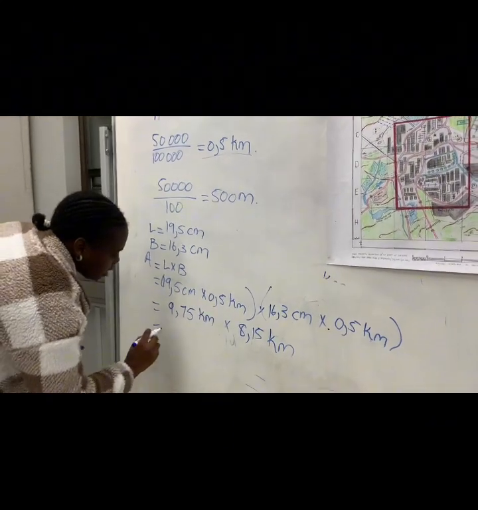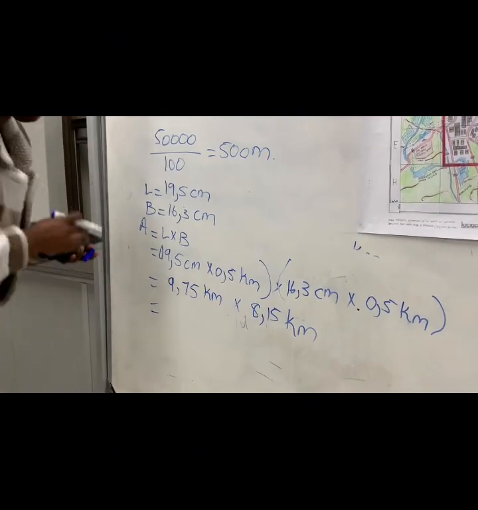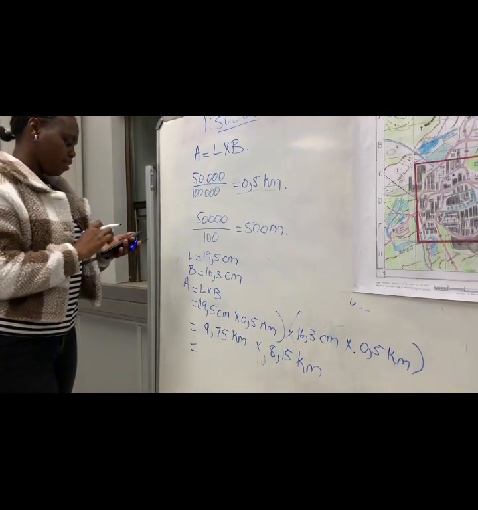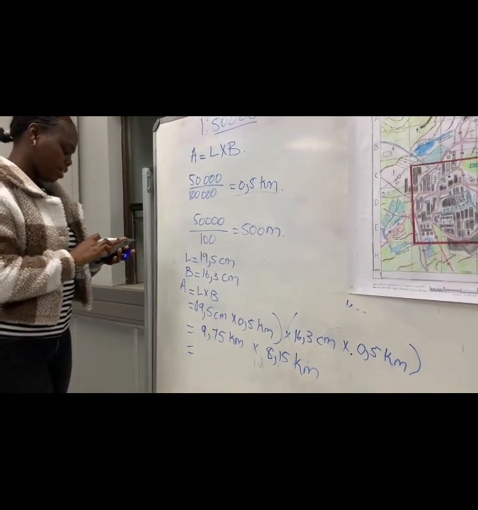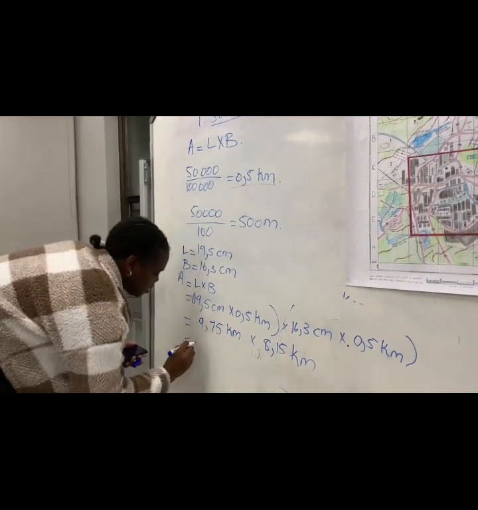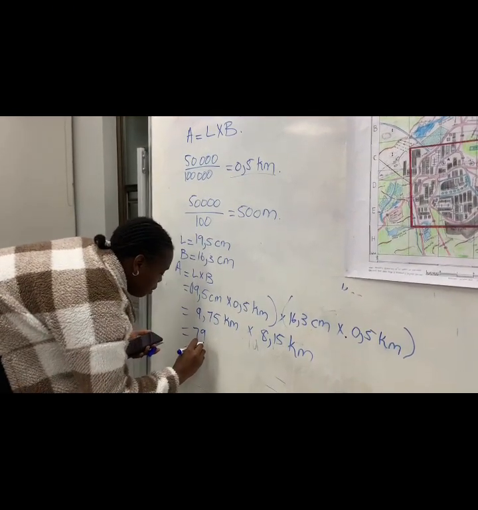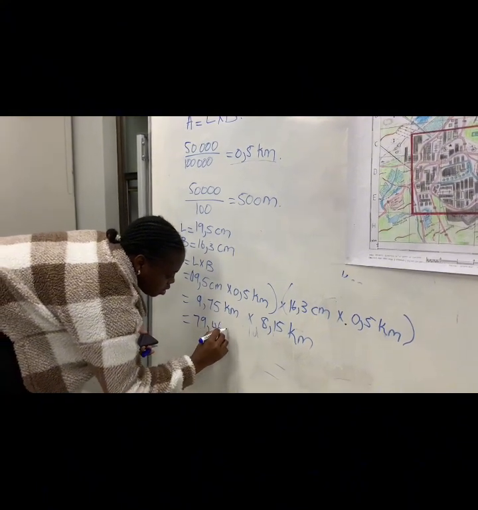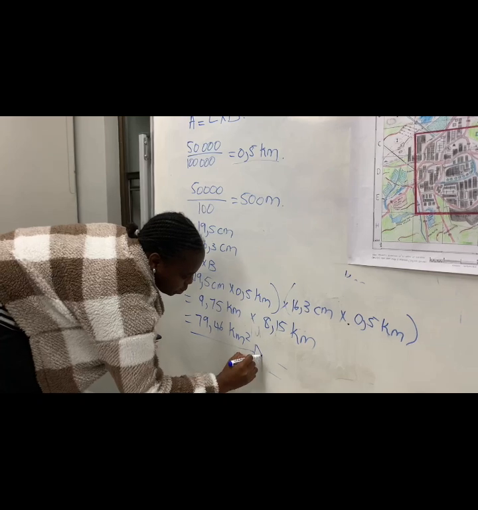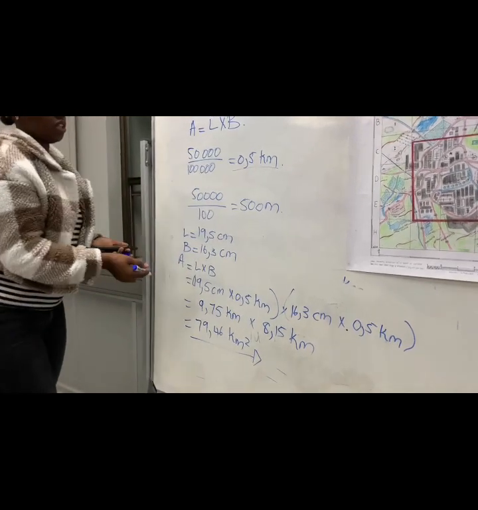Then we multiply these two. 8.15 multiplied by 9.75 is equal to 79.46 kilometers squared. So we are done with the kilometer calculation.